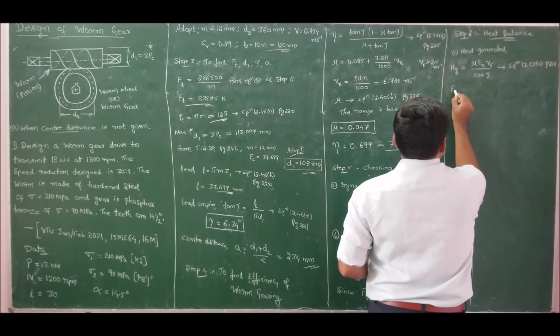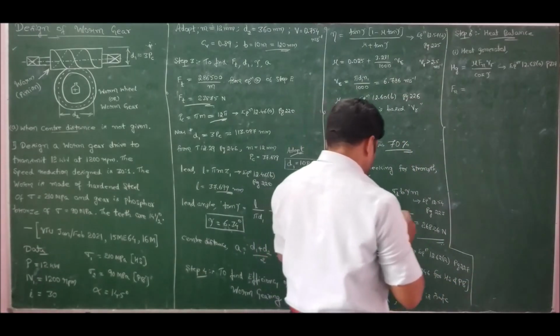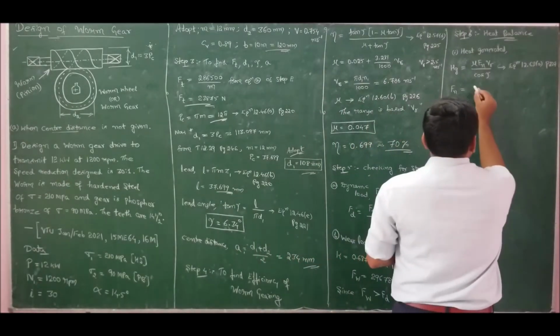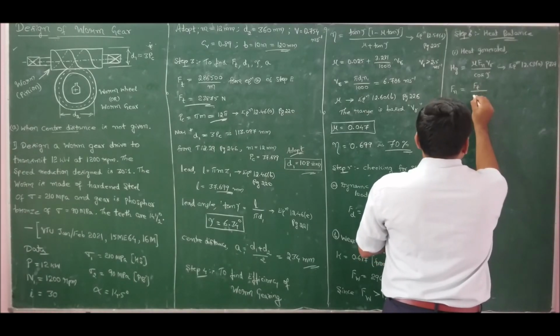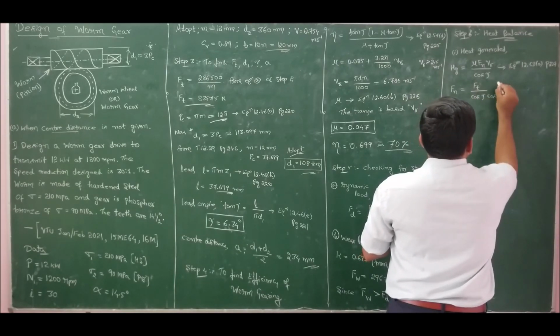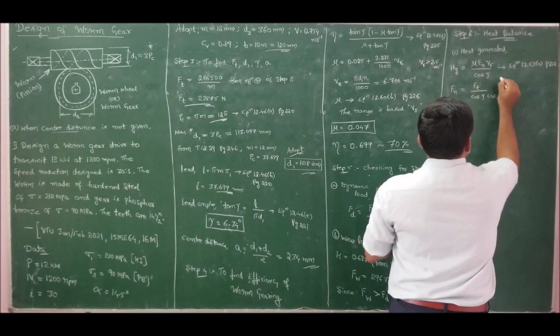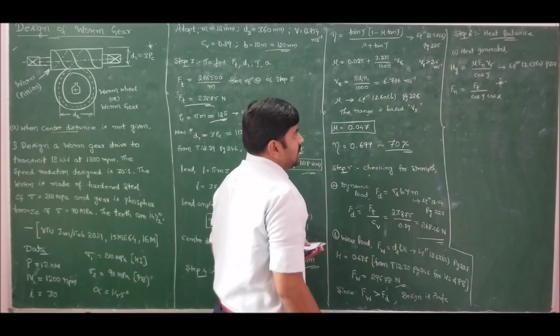where the Fn equation is not available for us. You should remember the equation of Fn, which is given by Ft by cos gamma cos alpha. Kindly remember this equation, kindly make a note of this, very important. This equation is missing in our data handbook.